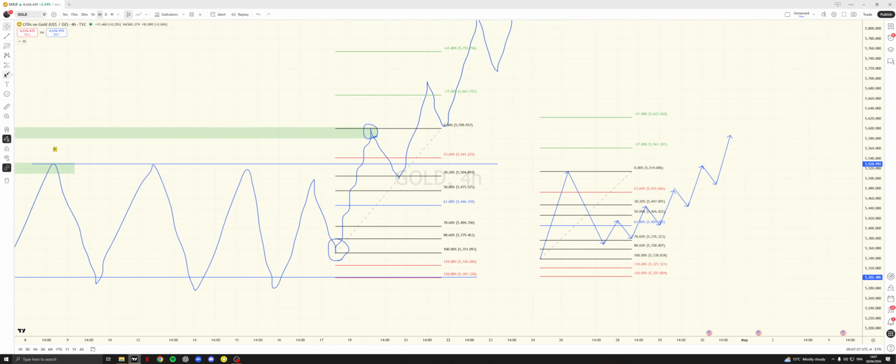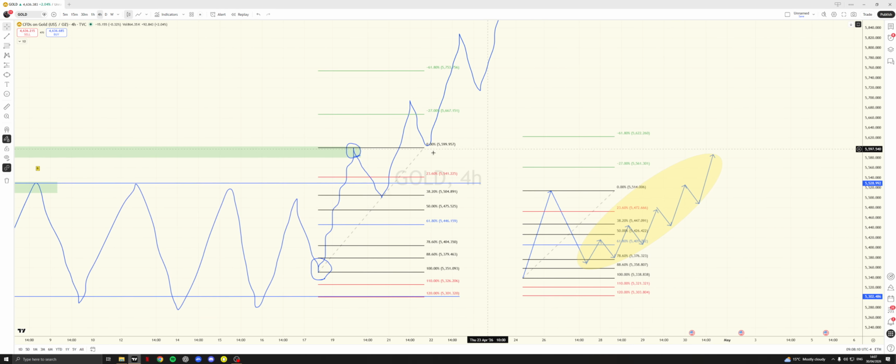It won't be any of these slow trends right here, because this is a 78.6% retracement, all this right here. At 38.2%, you'll get an aggressive push straight to the next TP zone, like that, right there.